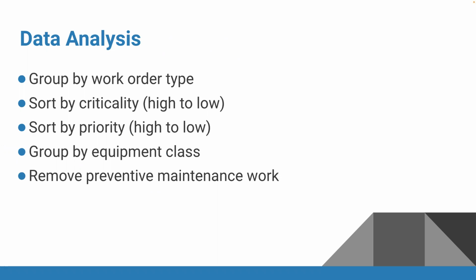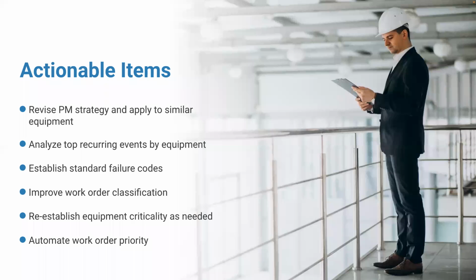And then from there, we took out our preventive maintenance work because typically, or mostly, not every time, but mostly, they're not causing you outages, in a sense. So, actionable items based on that: we can revise our PM strategy for our equipment.